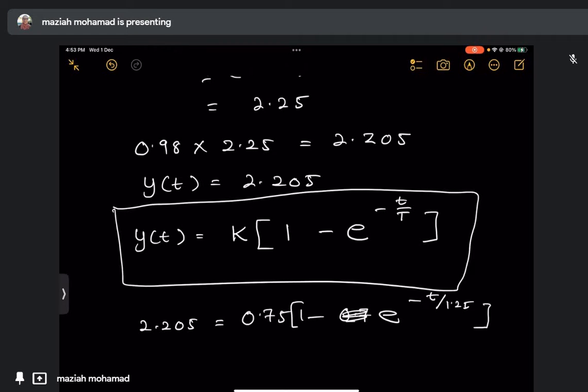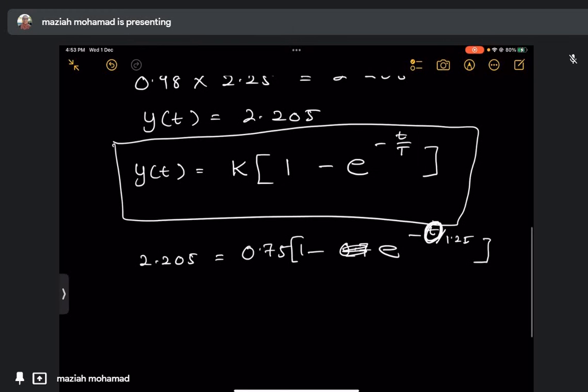We want to find t here. All the others are in the equation, so you should be able to solve for t.